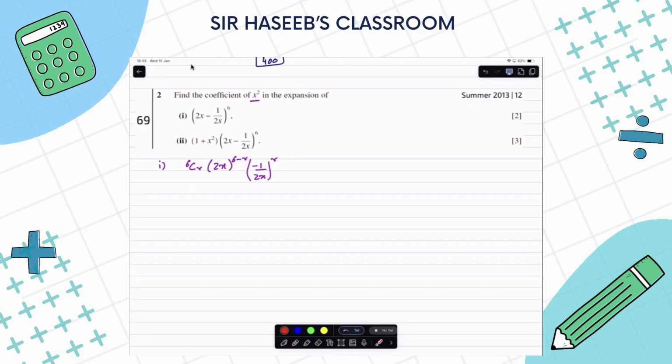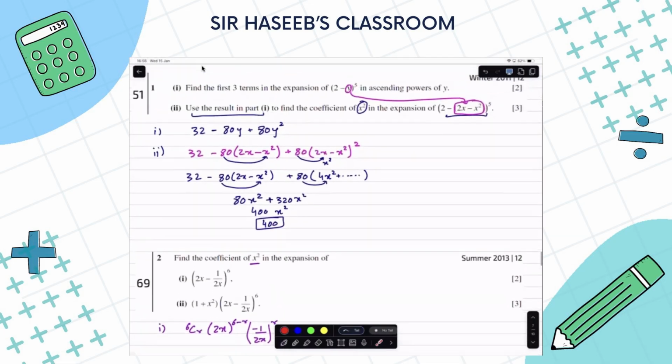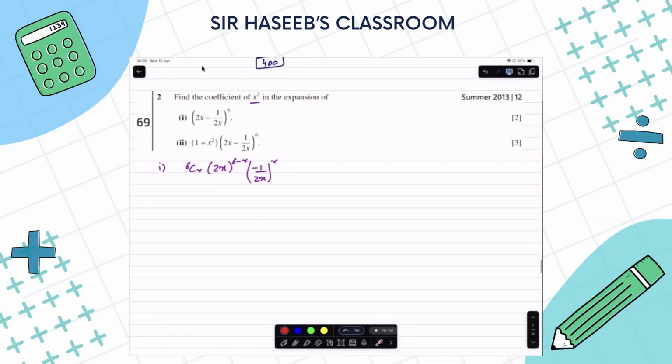Can you explain why they add up to 6? Simple, because this is r and this is 6 minus r, right?